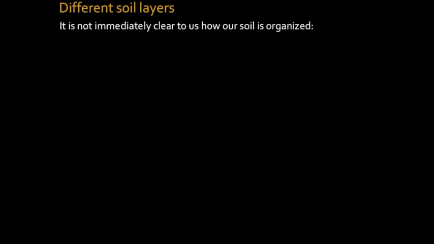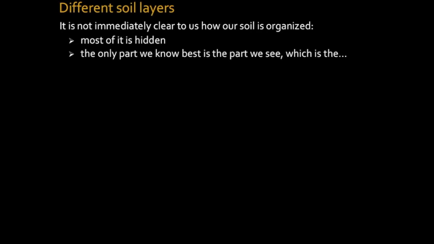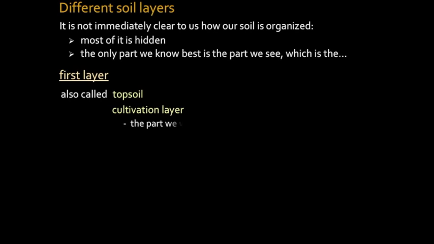It's not immediately clear to us how our soil is organized. Most of it is hidden. The only part we know best is the part we see, which is the first layer, also called topsoil or the cultivation layer.